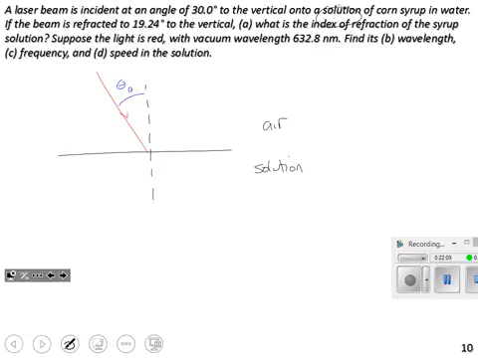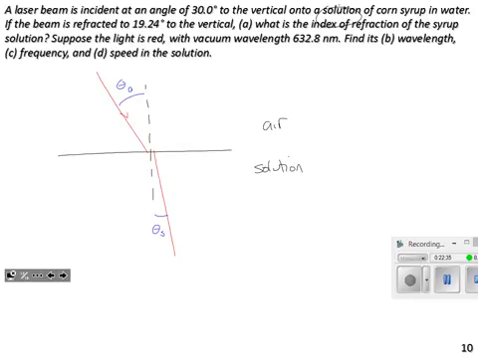And it actually tells us that it bends like this, such that theta solution is less than that. They should be touching, but there's some calibration issue with the board here. You get it. And so we want the index of refraction of the solution.